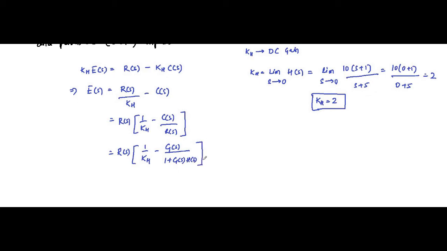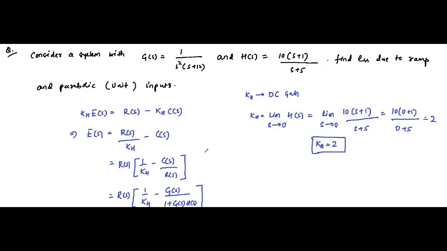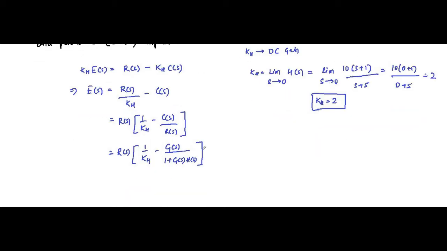Okay, so here we are given two inputs, isn't it? First unit ramp and then parabolic. So first we have to determine this much portion, 1/Kh - G(s)/(1+G(s)H(s)).